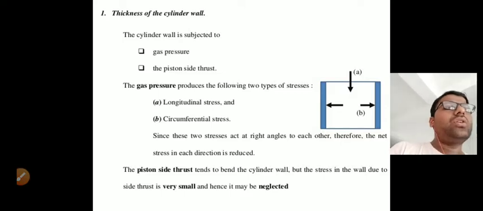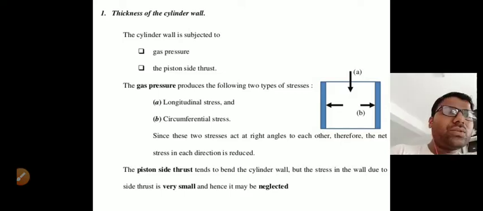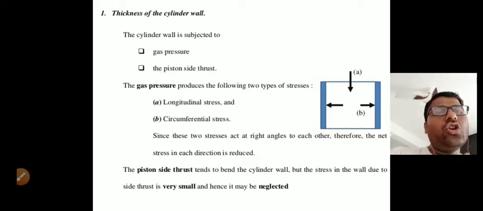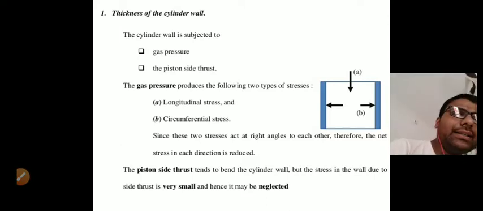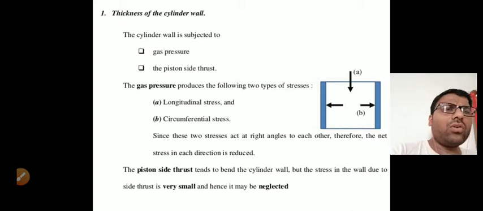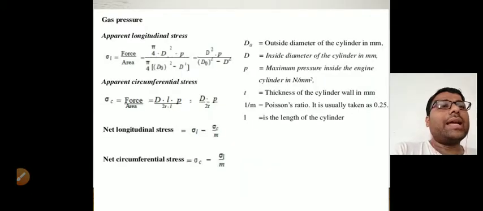Why? Because that stress is perpendicular to the surface of the cylinder, meaning the wall of the cylinder, so it tends to bend the cylinder. But the stress produced due to the piston side thrust is very small, so it may be neglected.